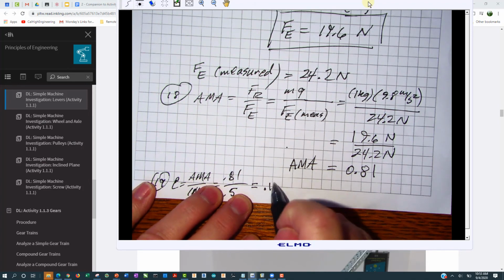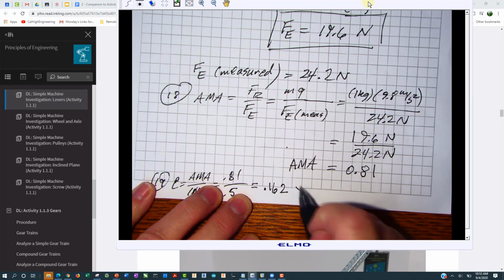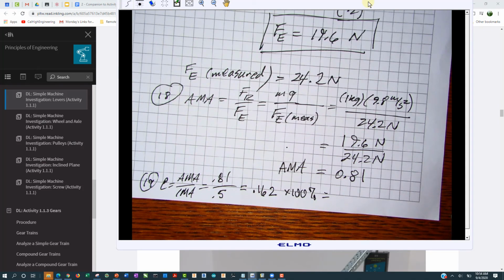It's 0.81 divided by 0.5 equals 1.62, times 100%.